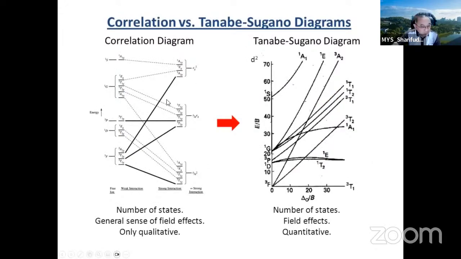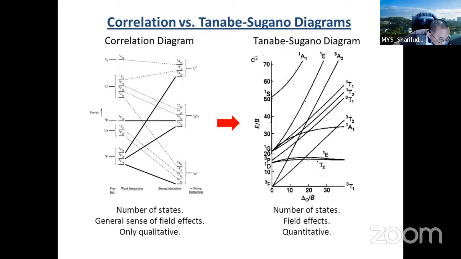Yeah. So you have the correlation diagram. For example, you talk about 3F for the free ion, but when there is a weak interaction, it is broken into 3A2g.